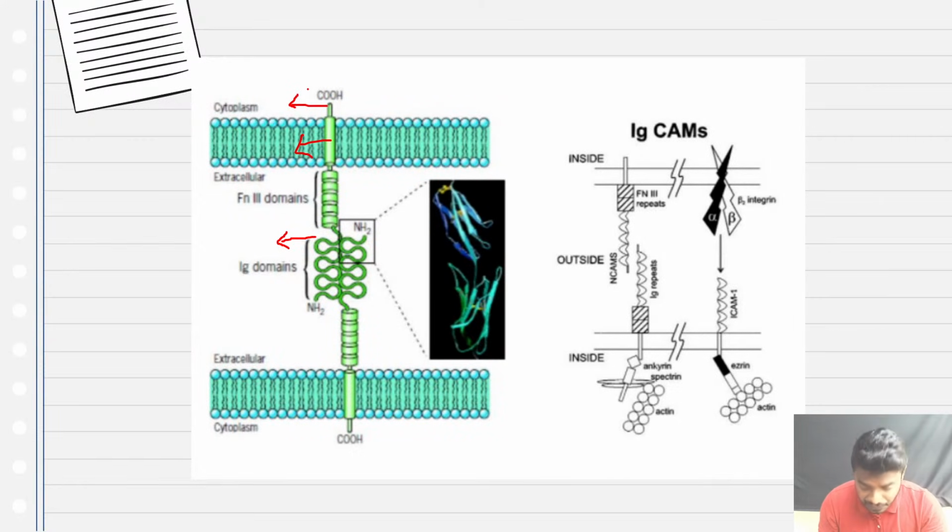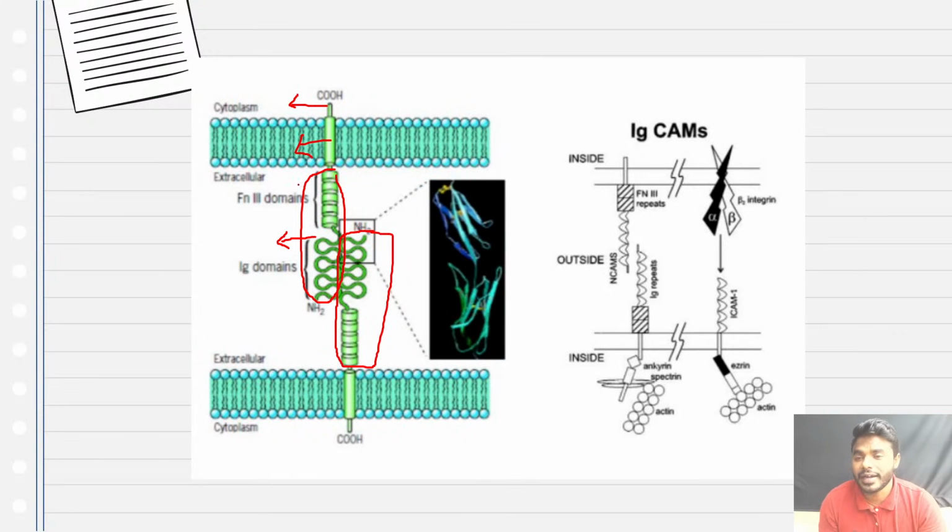The extracellular domain of one Ig superfamily CAM molecule will be connected to the extracellular domain of another immunoglobulin superfamily CAM molecule.